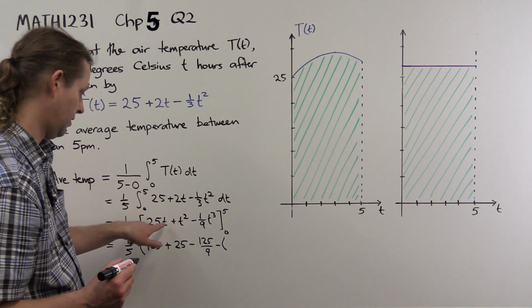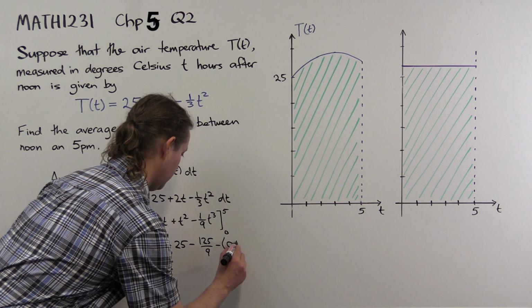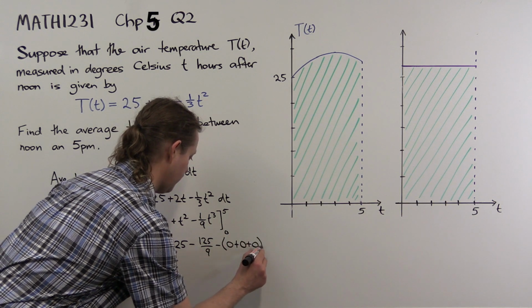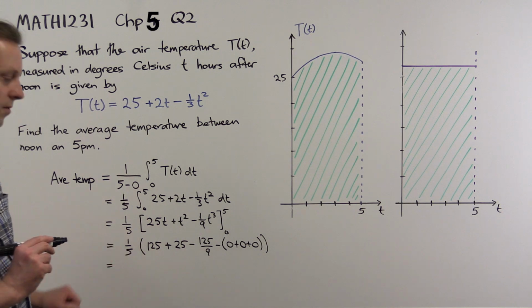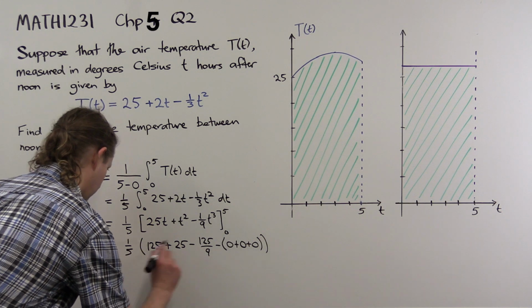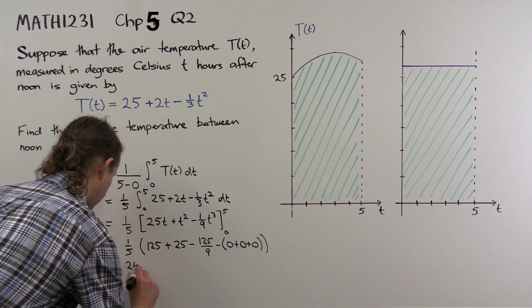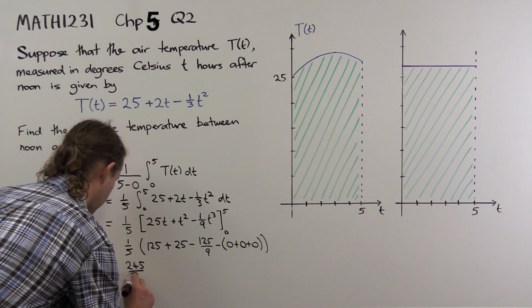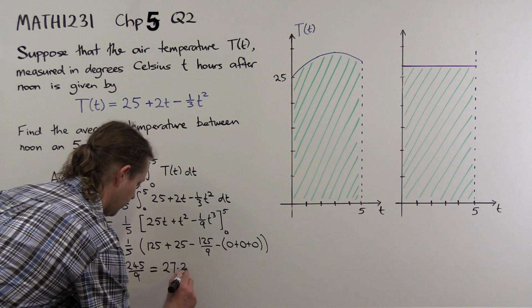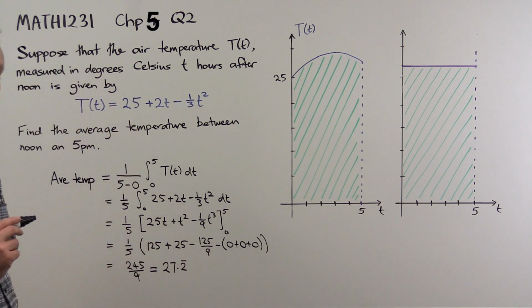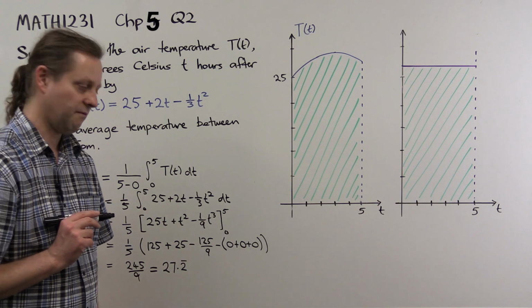At 0, each of these three terms is 0, so this is 0 plus 0 plus 0. I worked this out before, so I know this fraction is 245 on 9, which is 27.2 recurring, or 27 2/9. And that is our average value.